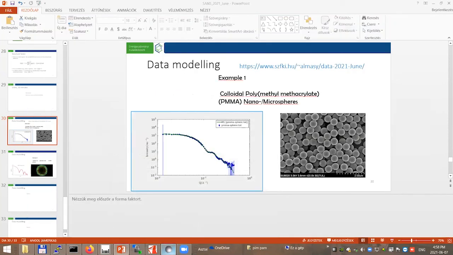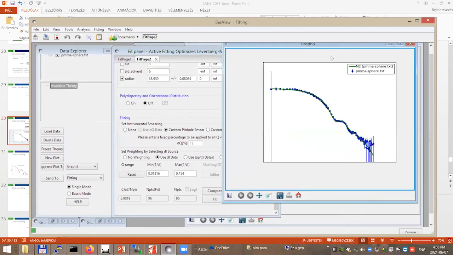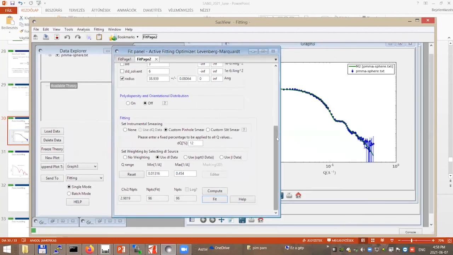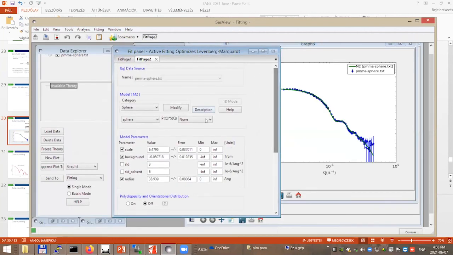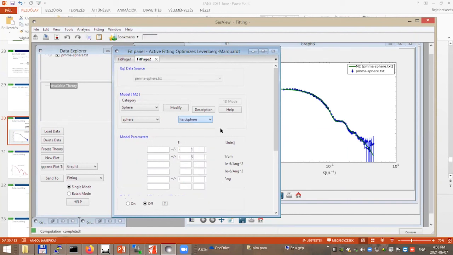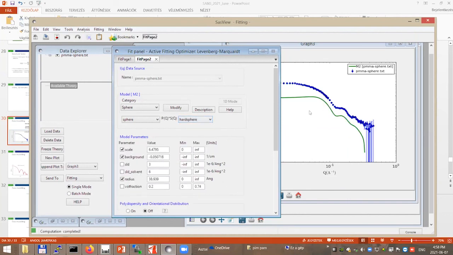Now let me show another effect. We can introduce this interaction into the model. So now we shall consider a hard sphere. Hard sphere means that they are solid things, and the volume fraction here is 0.01 roughly.